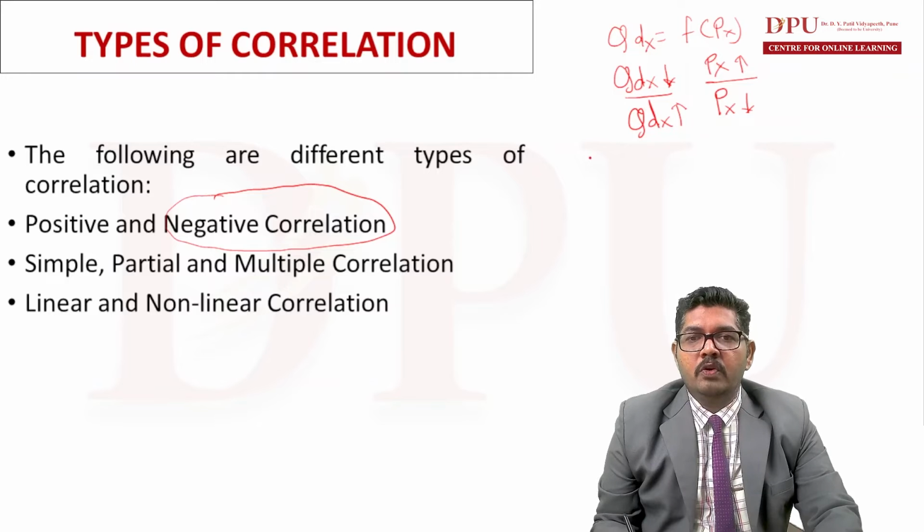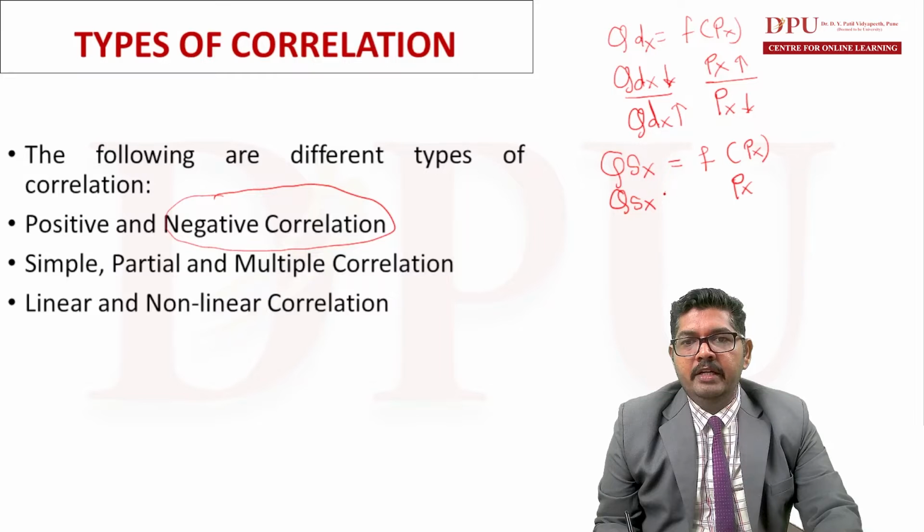Now let us talk about the law of supply. You must all be knowing what is law of supply. Quantity supplied of commodity X is a function of, again, price of that commodity. If the price of the commodity increases, the quantity supplied by the seller increases.